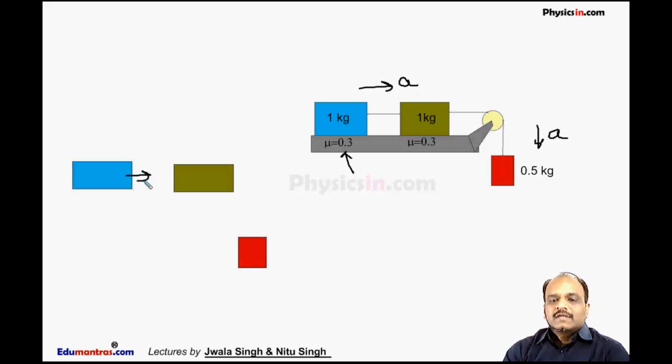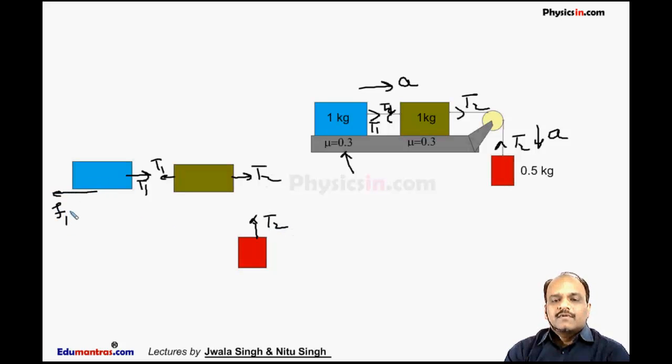Let this tension here be T1. This is T2. Now our equation becomes: the friction here is backward, and this is equal to mu times N1, and we know mu is 0.3 and N1 is 10, so this is 3 Newton.